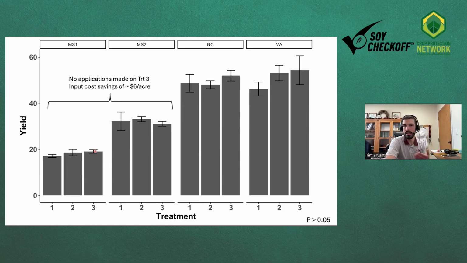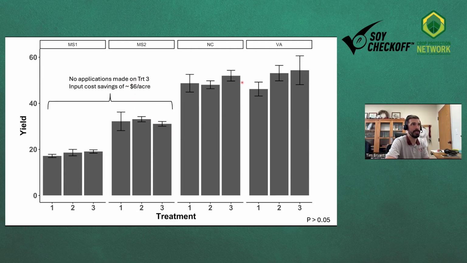In this case, the threshold is really the same as the untreated because they didn't reach a threshold for any particular insect pest. So in these two cases, you're looking at an input cost savings of about $6 an acre on average when you don't make this automatic application at R3.